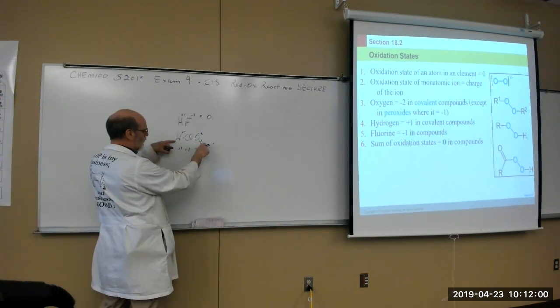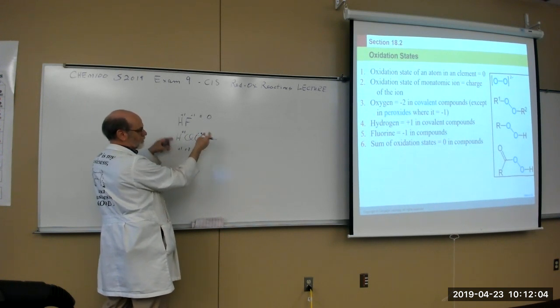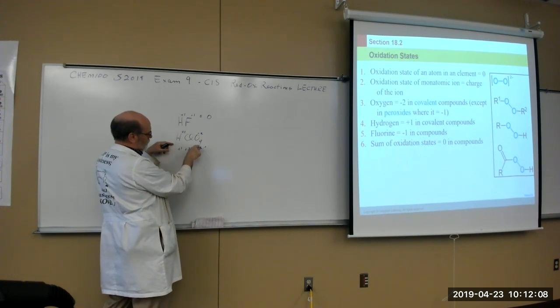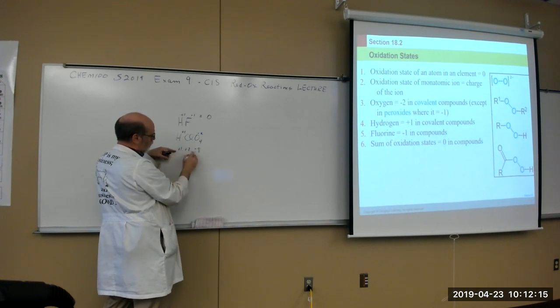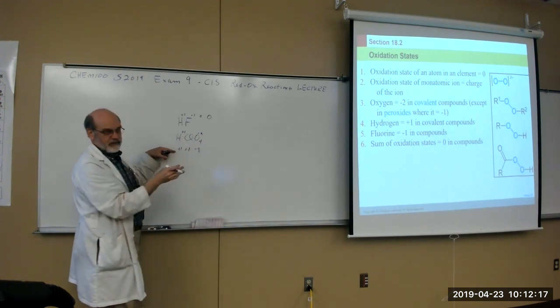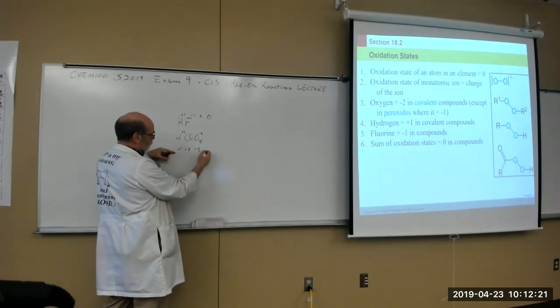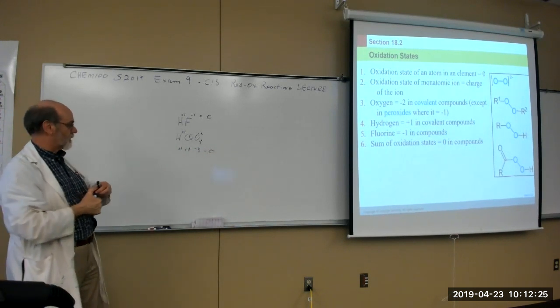So we did the hydrogen and oxygen first because they're fixed, except for peroxides, but we don't have peroxide here. So then 4 times -2 is -8, and +1. So +1 and -8 is -7. That has to be balanced. So if we add those all together, they're equal to 0.